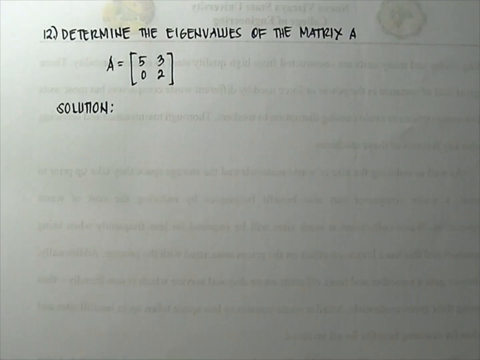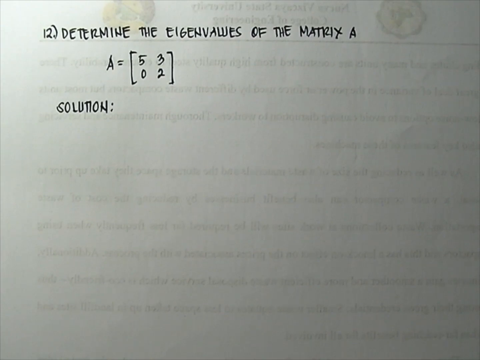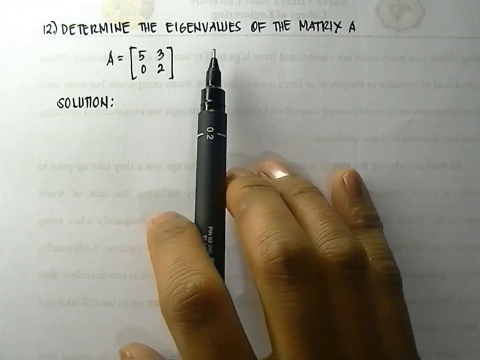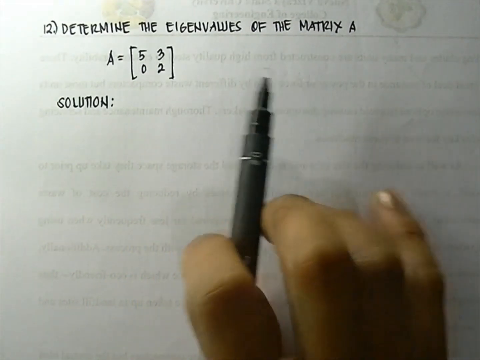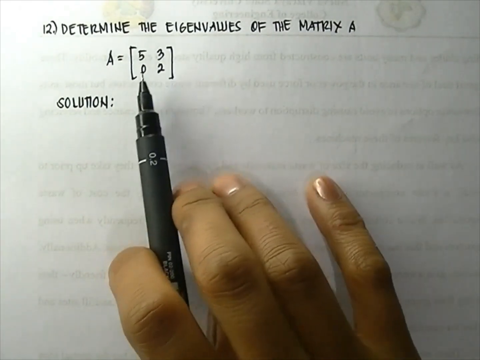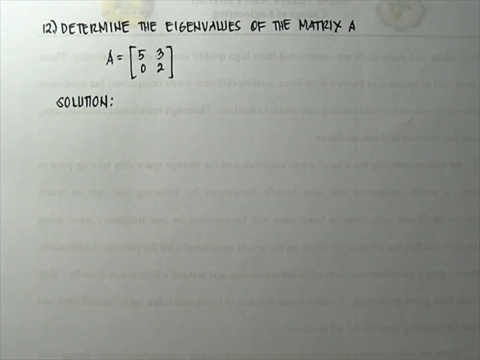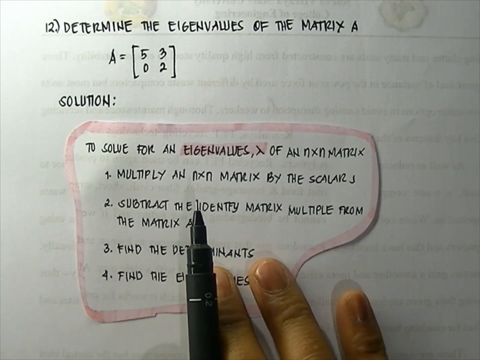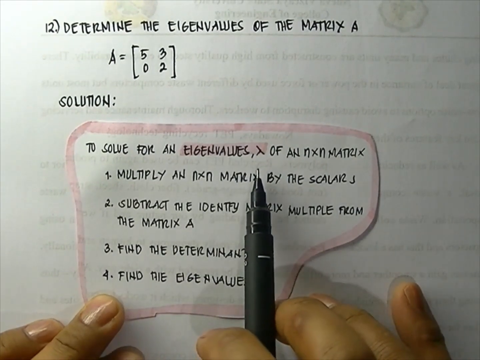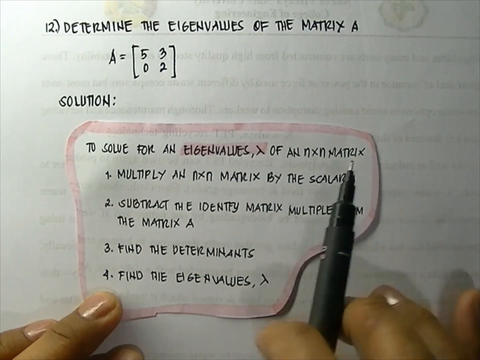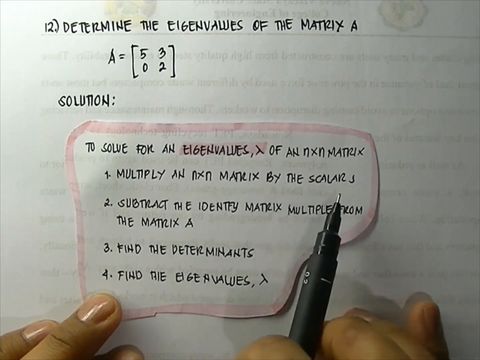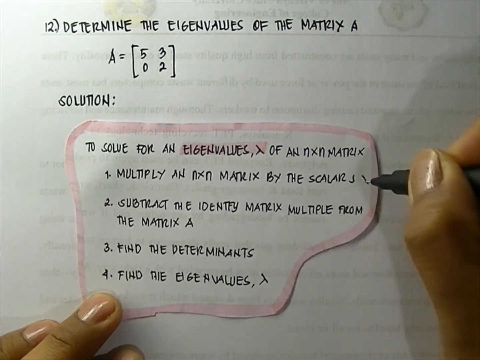Number 12. Determine the eigenvalues of the matrix A. A is [5, 3; 0, 2]. So, to solve for the eigenvalues lambda of an n by n matrix, first multiply an n by n identity matrix by the scalar lambda.